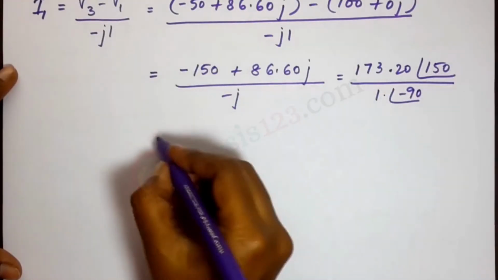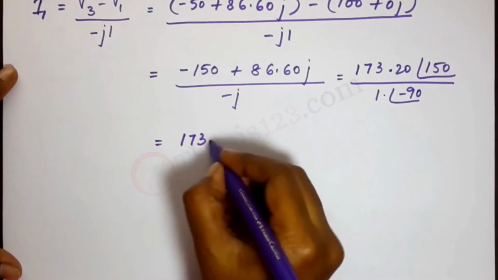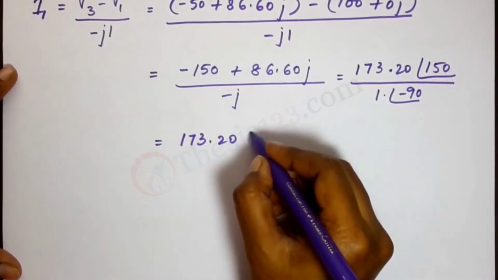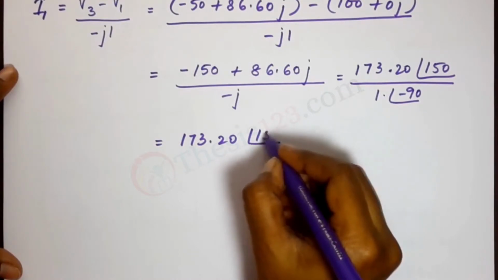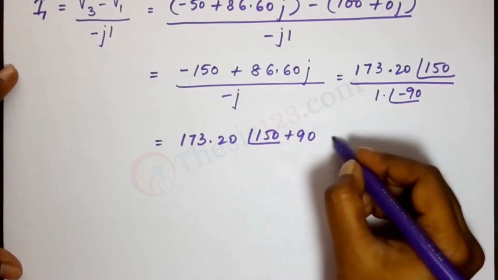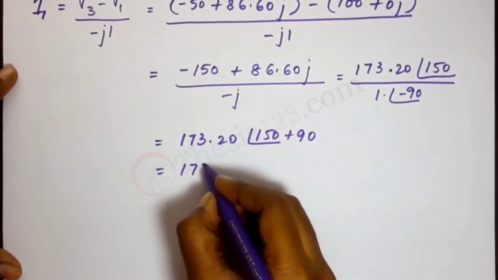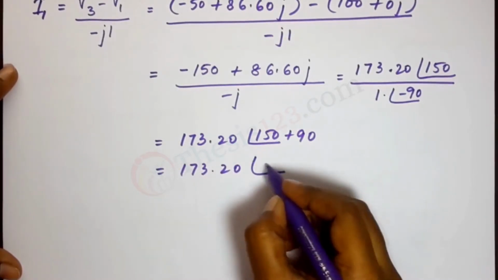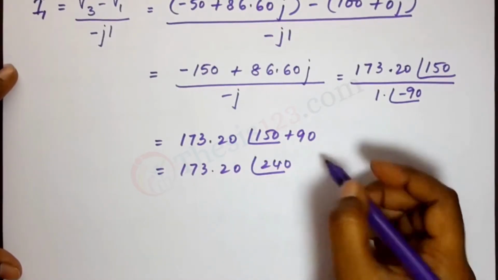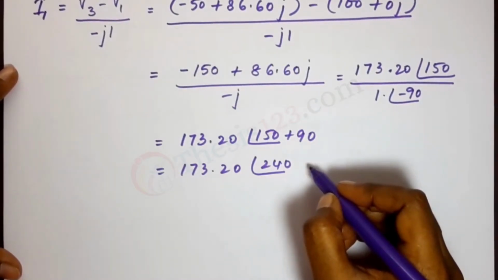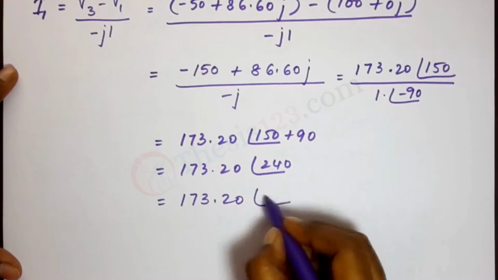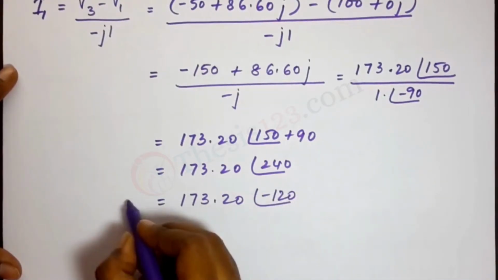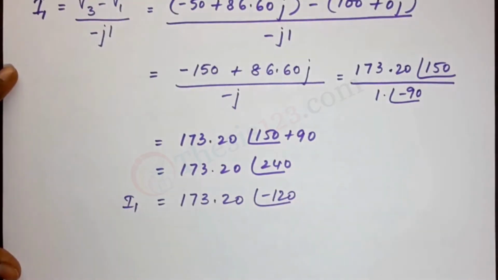Now solving the angles alone, that will give us 173.20 angle 150 plus 90, which is angle 240. Now angle 240 can also be written as minus 120. So 173.20 angle minus 120. So this is our value for I1.